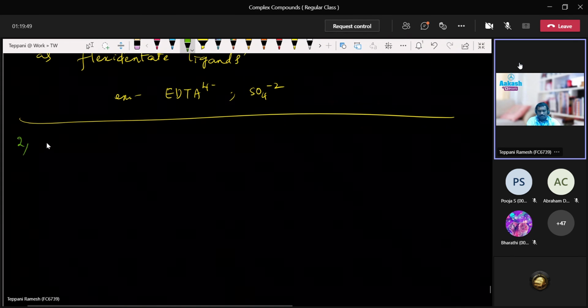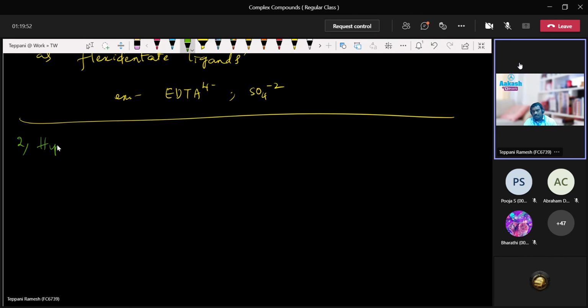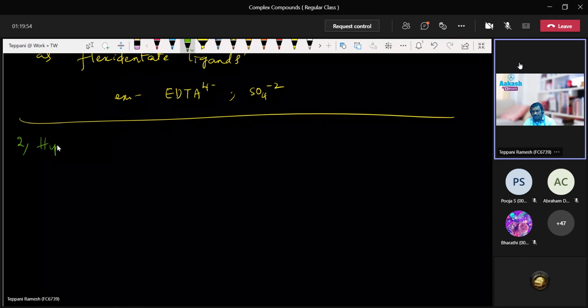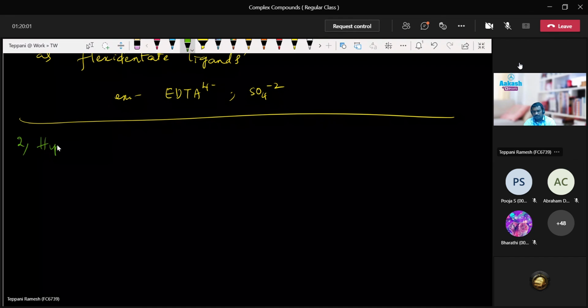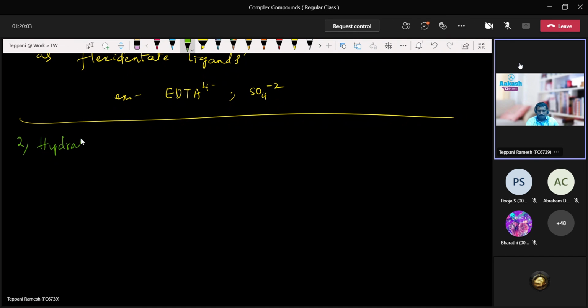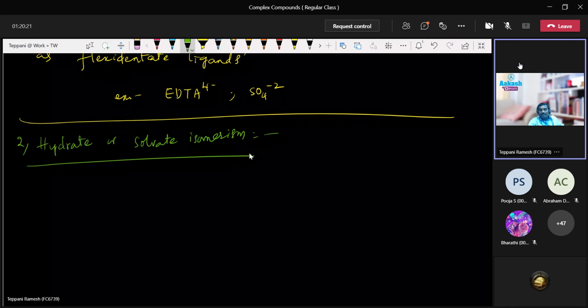Next, hydrate or solvate isomerism. What is that? This is like ionization isomerism. There ions exchange. Here ions with water molecules exchange.